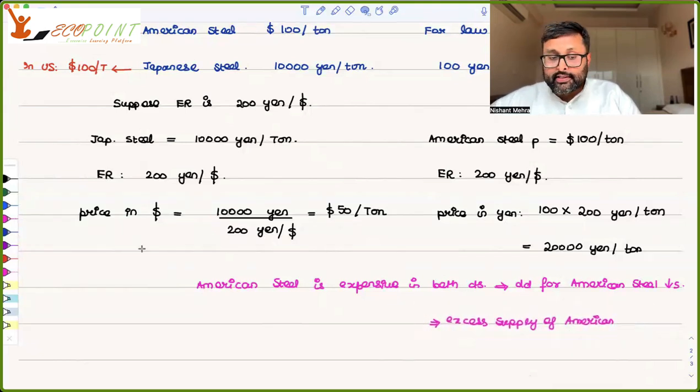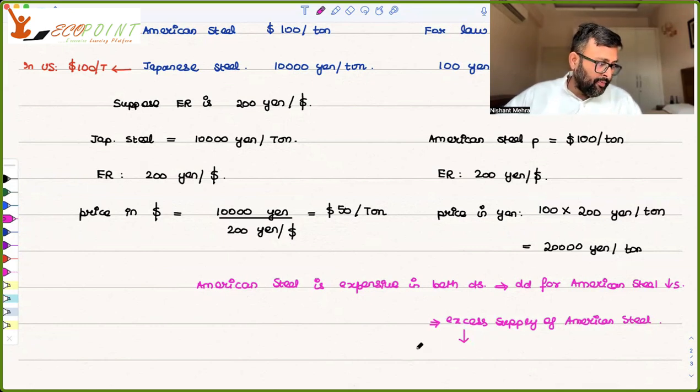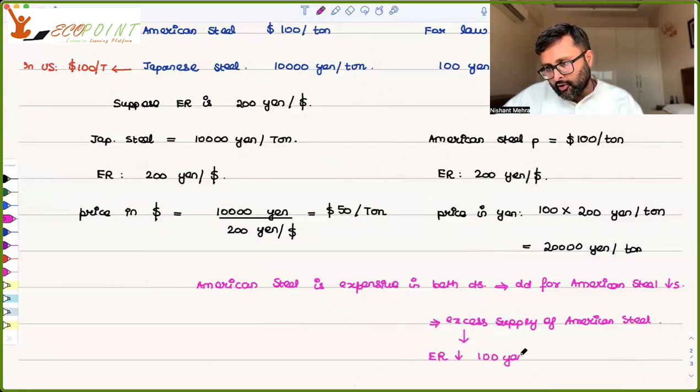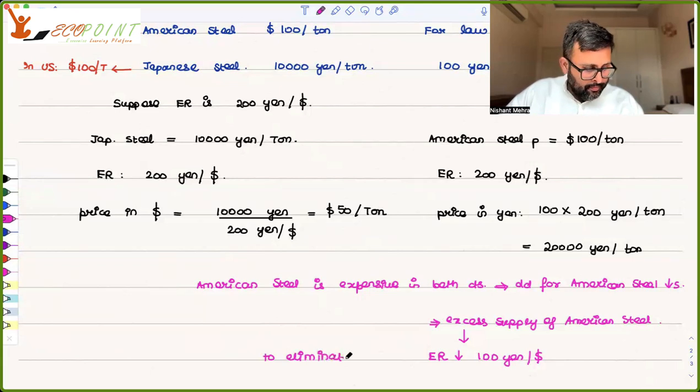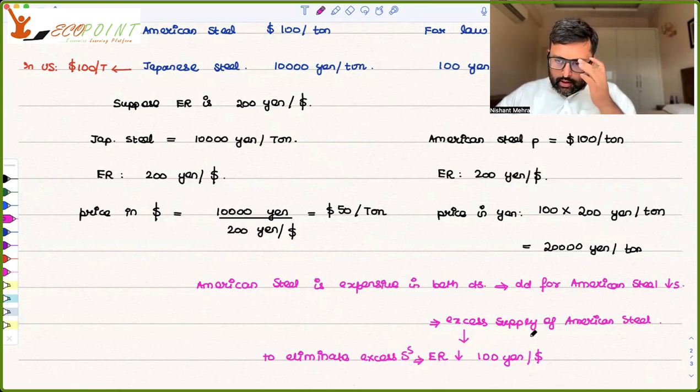And how will you eliminate the excess supply of American steel? To eliminate the excess supply, the exchange rate has to fall to 100 yen per dollar.